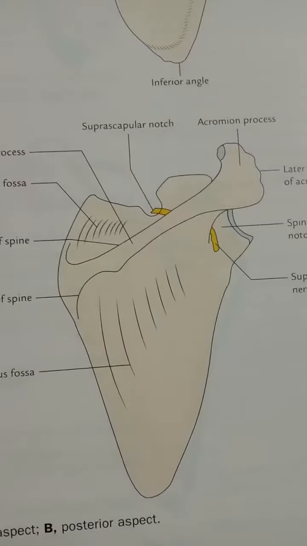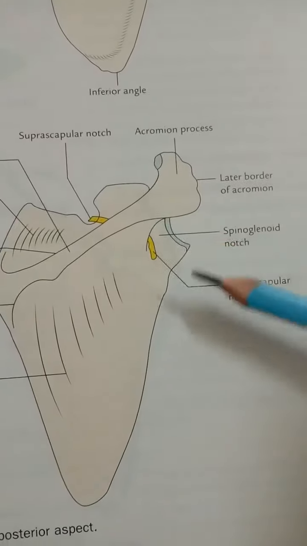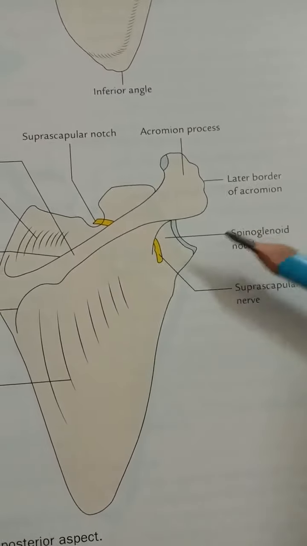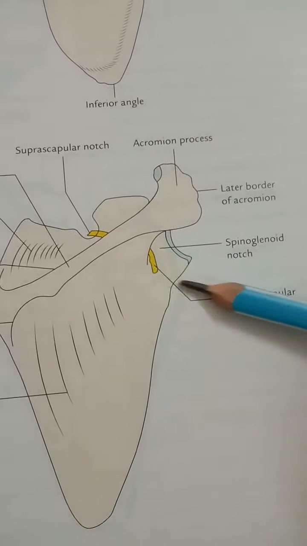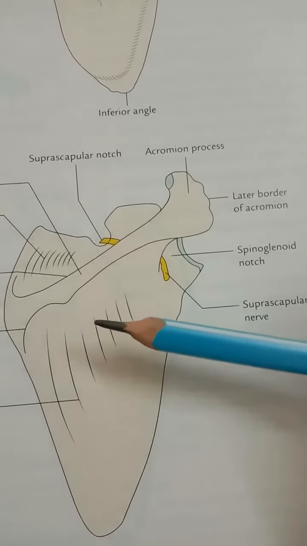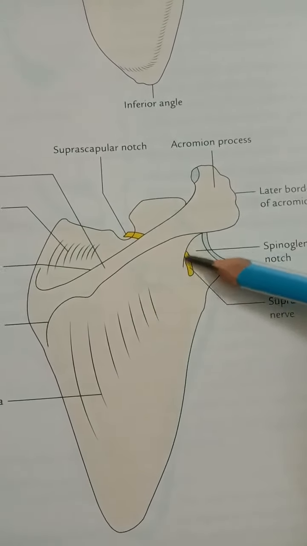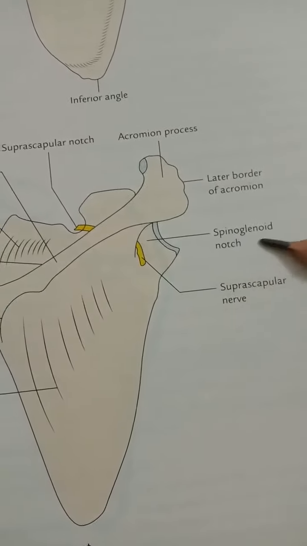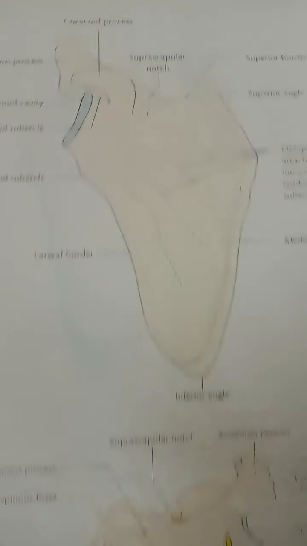These two fossae are connected with each other at the spinoglenoid notch, which is present lateral to the root of the spine. This one is the spinoglenoid notch.